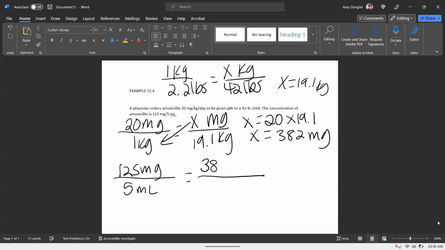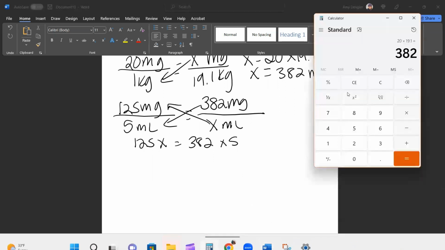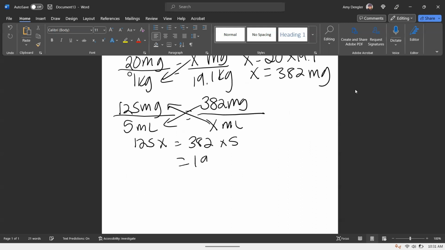We have the strength of the medication at 125 milligrams per 5 ml. We can plug in our 382 milligrams. How many ml is that? So we have 125x is equal to 382 times 5. Now we'll just do 382 times 5 first, which is 1910. All right, so now we have 125x equals 1910.